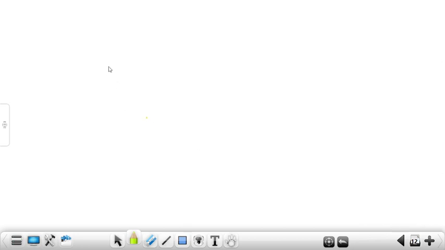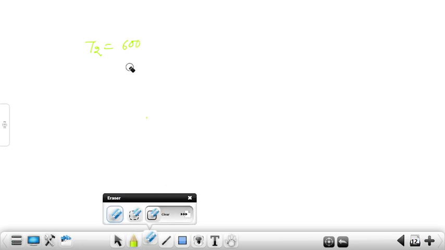So from the equation we can get T2. We'll have to solve by writing.